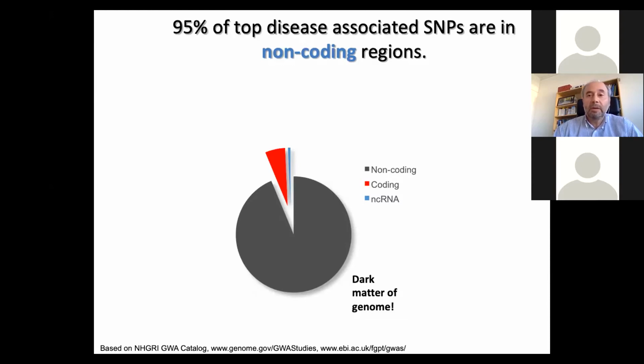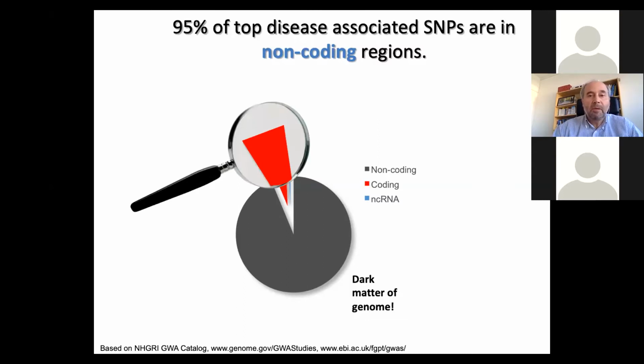So they are not located in any gene. And they are not changing the structure of the protein. So instead, they are located between the genes or in the promoter of the gene, enhancer of the gene, and changing their expression. They are changing expression of the genes.